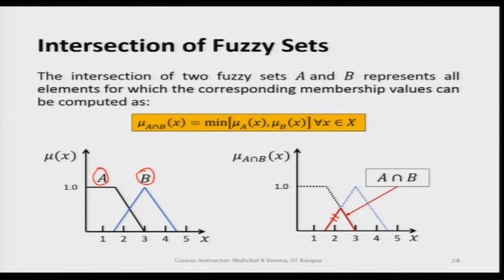So, if we take the intersection of fuzzy set A and fuzzy set B, we will get another fuzzy set which is shown by a red line. This is the outcome of the intersection of two continuous fuzzy sets.